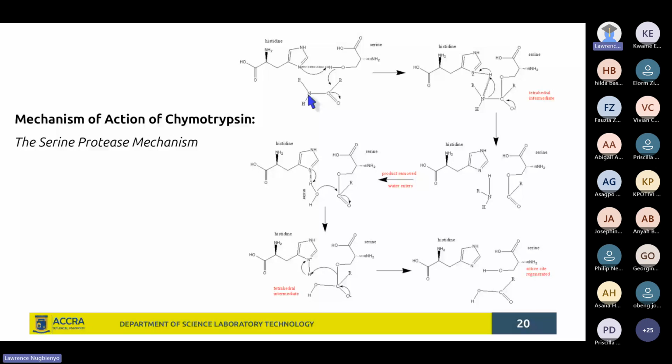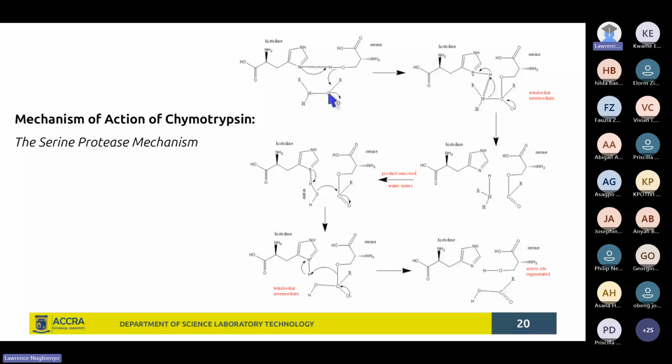The rest of the chain of the amino acid is just shown by R there, because our interest is only on the peptide bond between the nitrogen and the carbon.